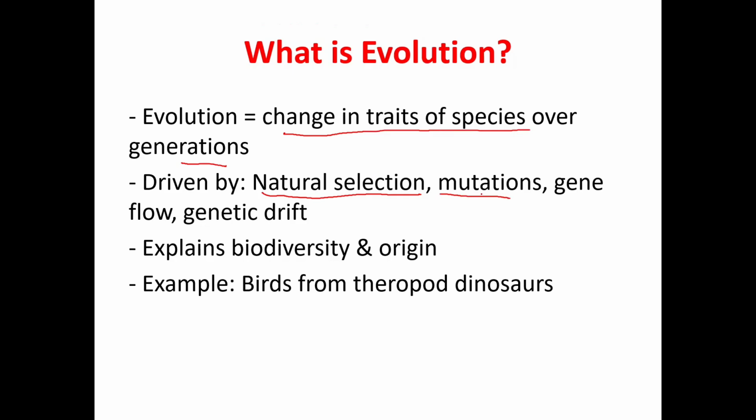Mutation, a random change in DNA, and gene flow and genetic drift explain biodiversity and origin. So evolution explains how the different varieties of life on the earth originated. Example, birds from theropod dinosaurs. So we know today that dinosaurs are the ancestors of birds.